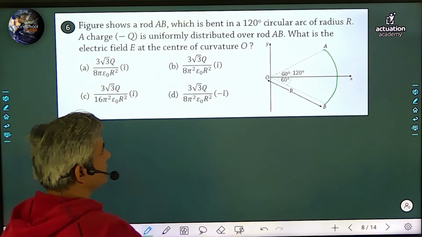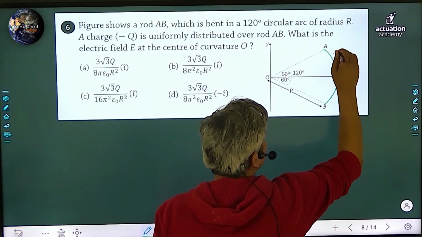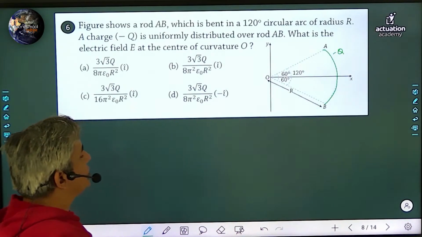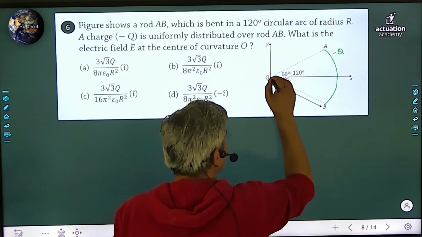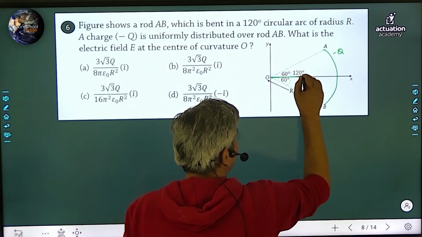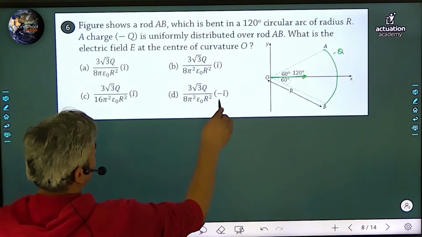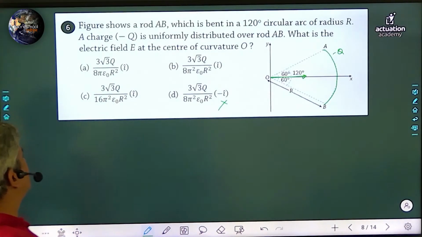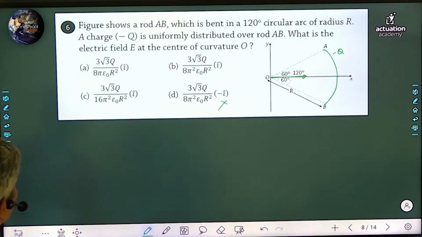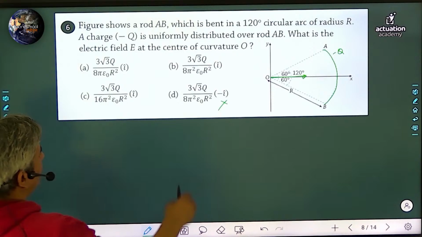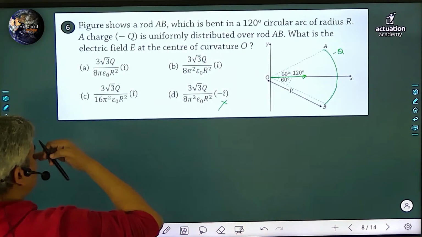See guys, first thing is that the charge spread is minus q. So the electric field is going to be in positive x-axis. So one thing is we can always drop this option which is in minus. So now these are the three remaining options we have.